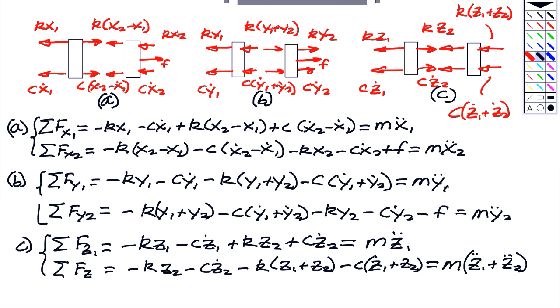So this is one thing we're going to observe about using the Newton approach, is that our matrices do not always end up being symmetrical, which for you may not be any big deal, but what we'll find out when we use an energy approach, that approach will always give us symmetric mass, damping, and stiffness matrices.